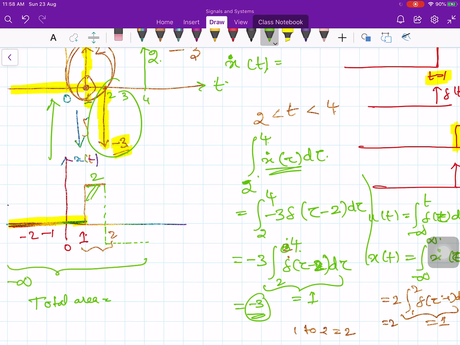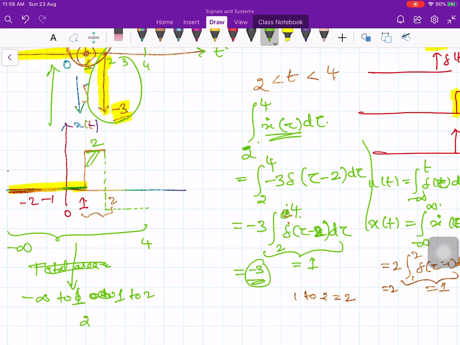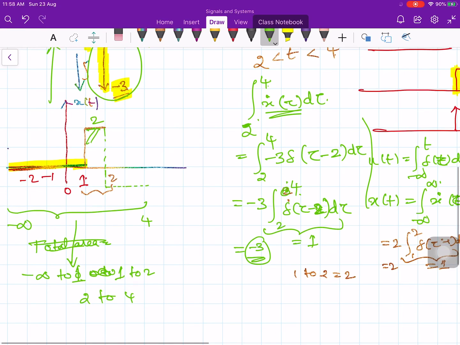This minus infinity to 4 we break into minus infinity to 1, then 1 to 2, then 2 to 4. So minus infinity to 1 the area is 0, 1 to 2 the area is 2 units, and 2 to 4 we got minus 3.